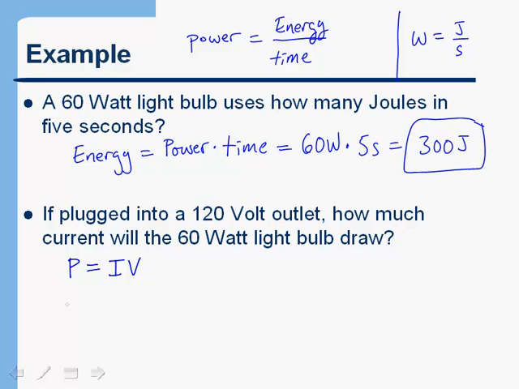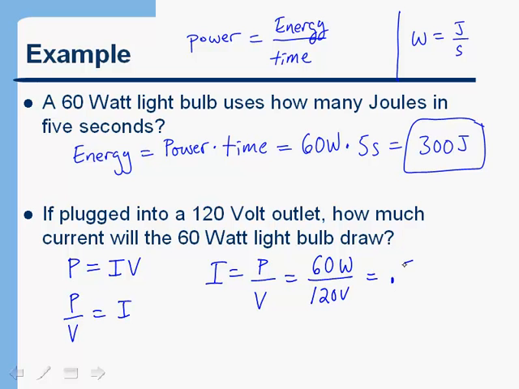I'm going to divide both sides by V, so P over V equals I. Okay, so that means current is equal to power divided by voltage, or 60 watts divided by 120 volts, and that is equal to 0.5 amps. So if you plug your 60-watt light bulb into your 120-volt outlet, it's going to use half an amp of current.